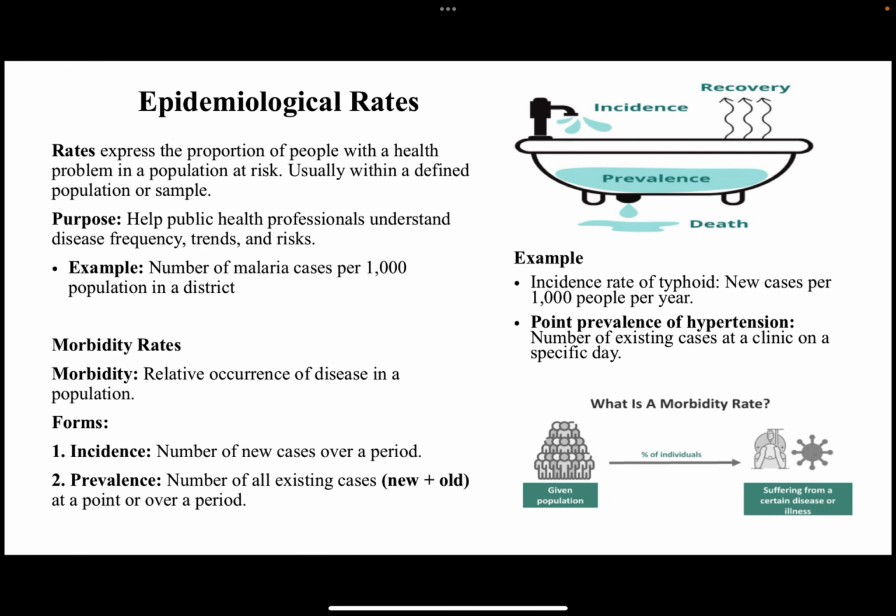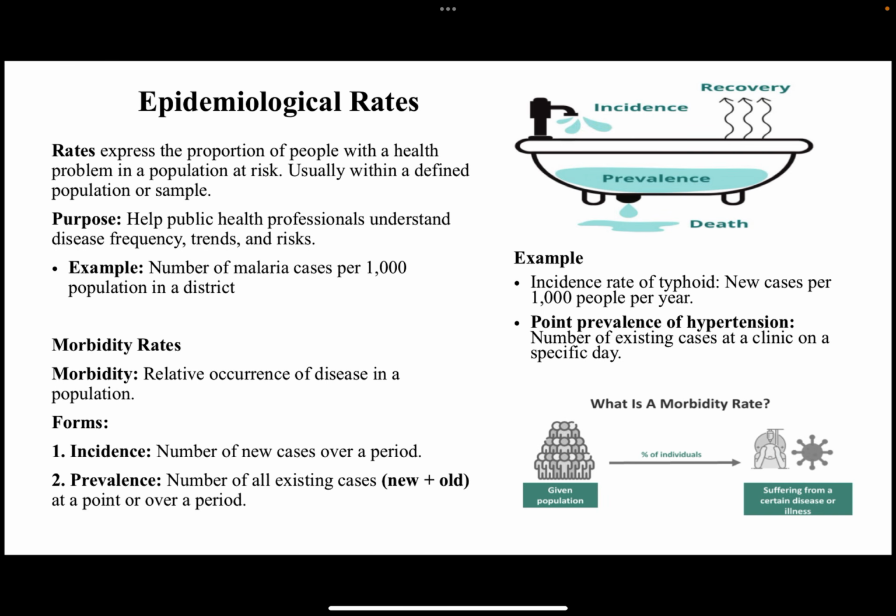Like we said earlier, the purpose is to help public health professionals understand the frequency of a disease, the trend of diseases, and the people who are at risk of diseases. That's the main idea. For example, take the number of malaria cases per 1,000 population in a district.